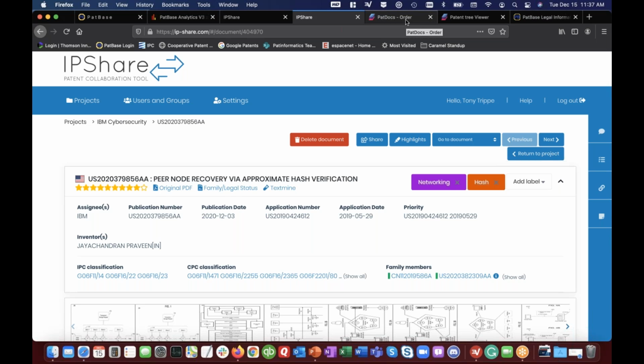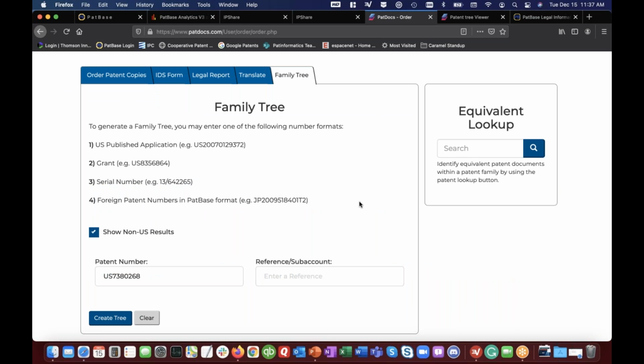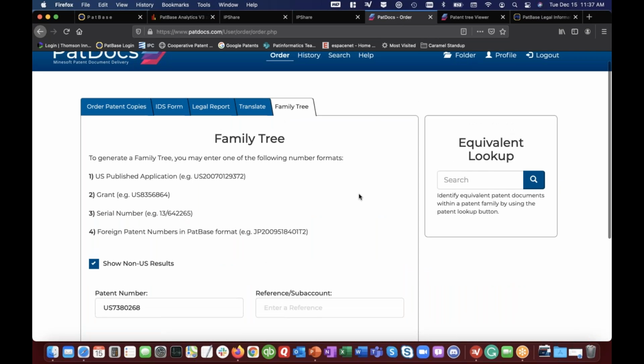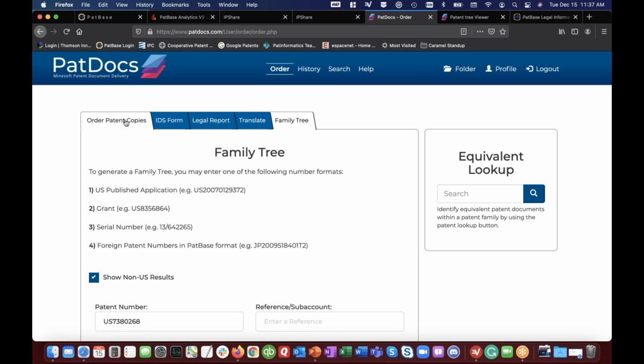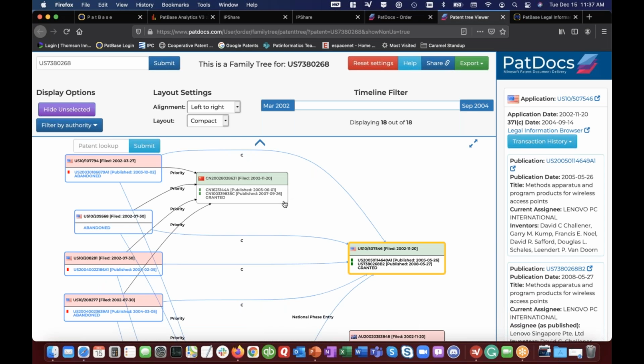And then the last one that I'm going to talk about for today is Pat Docs, which of course is primarily used for ordering patent copies, and it's really great for that. But I've actually found that one of my favorite things, there's two of my favorite things, I've got them queued up here. One is the tree. This is a pretty spiffy family tree.